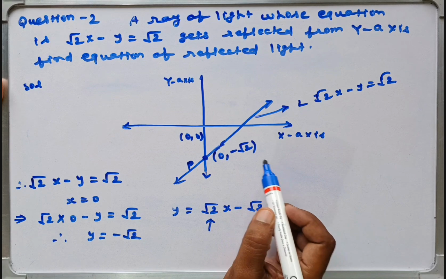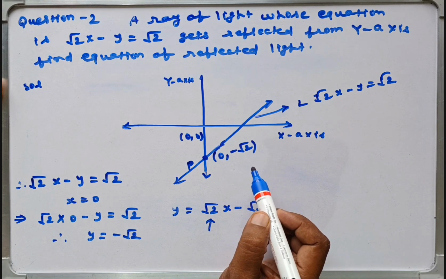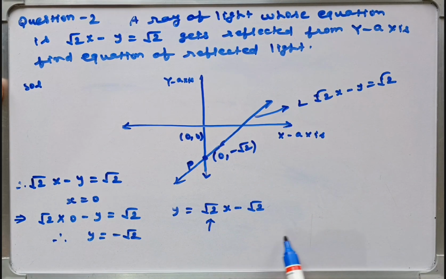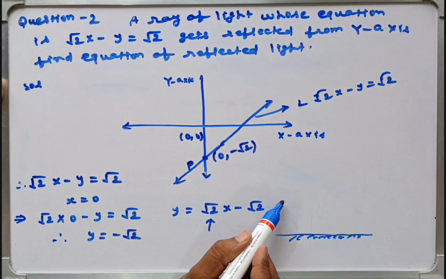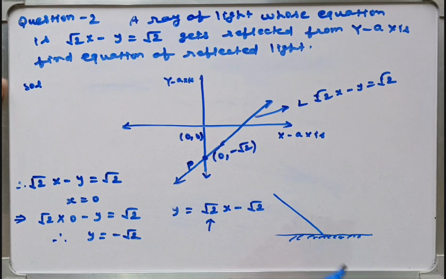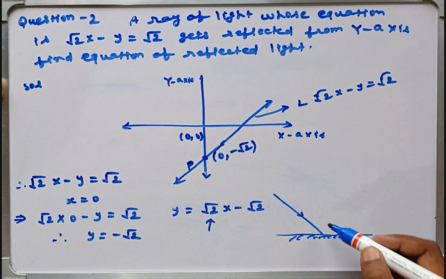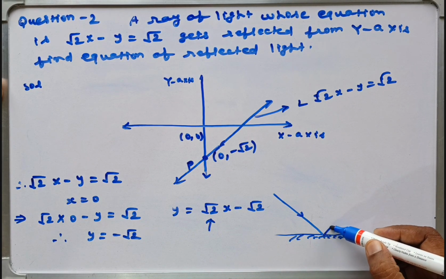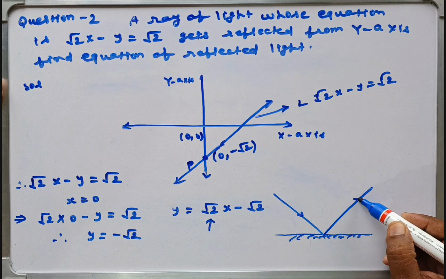What you know, guys, in case of light, suppose this is a plane surface and this is an incident ray, then the reflected ray will be like this.